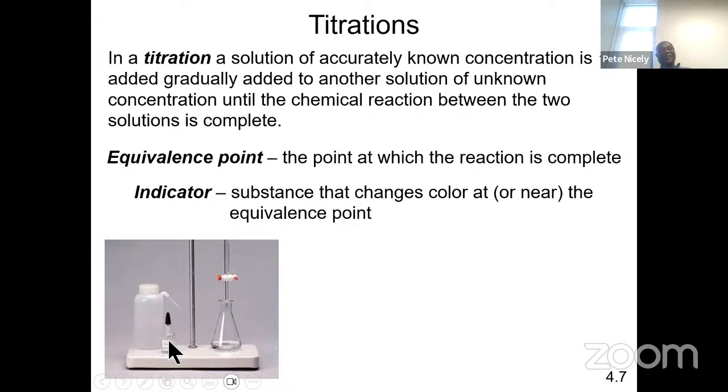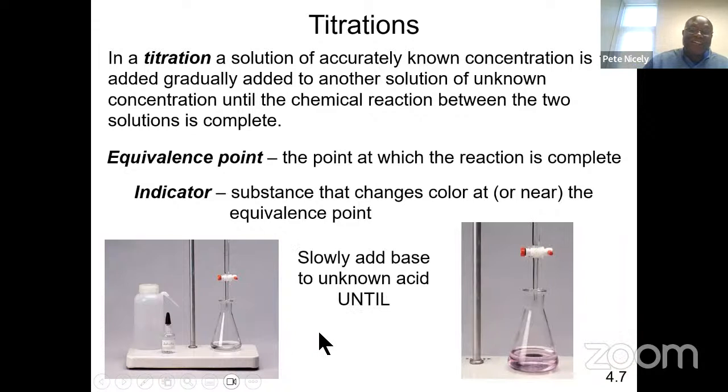So when you add 2 drops of the indicator to this solution here, it is going to remain colorless. And then you start adding your sodium hydroxide into the flask, and what will happen is that the color changes to pink, which indicates that you have now added enough base to react with all the acid that is present in the flask.